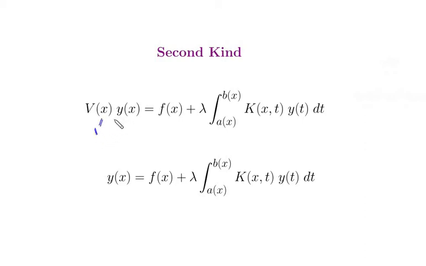The second kind of integral equation is when your function v(x) is equal to 1. So of course the general form of integral equation takes the form y(x) is equal to f(x) plus lambda integral from a(x) to b(x) K(x,t) y(t) dt. Let us take some examples.